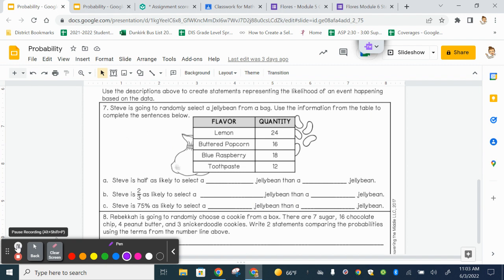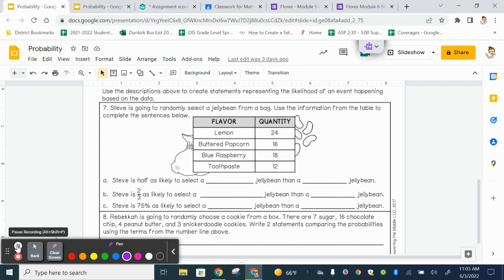Okay, for our next section, Steve is going to randomly select a jelly bean from a bag. Use the information from the table to complete the sentences. All right, let's take a look at this jelly bean bag. In this bag, he's got 24 lemon, 16 buttered popcorn jelly beans, 18 blue raspberry, and 12 toothpaste flavor. Gross.